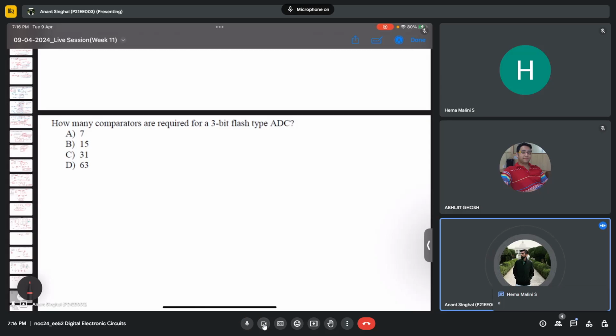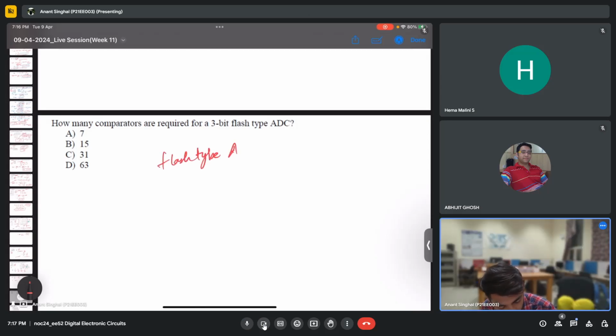Yeah, so for an n-bit flash type ADC, we need 2 raised to n minus 1 comparators. Here n is 3, so it will be 2 raised to 3 minus 1, that is 7. So option A is the correct answer.